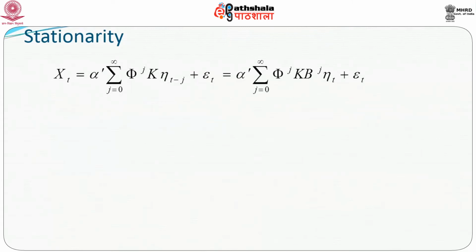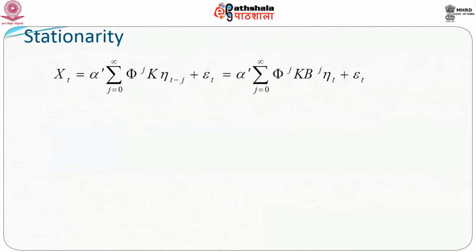And if we use the backward shift operator B, then we can write eta_(t-j) as B^j eta_t. So, we can make this representation of x_t. Of course, we have the error term epsilon_t as well.